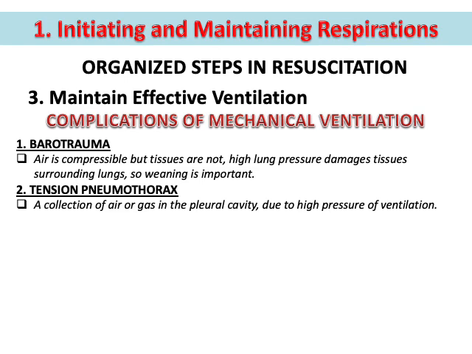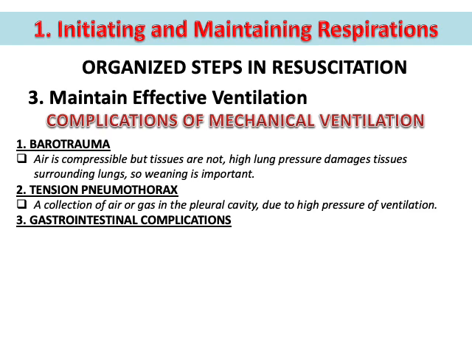Second is tension pneumothorax. It's a collection of air or gas in the pleural cavity due to, again, the high pressure of ventilation. And weaning is also important to be able to prevent this.